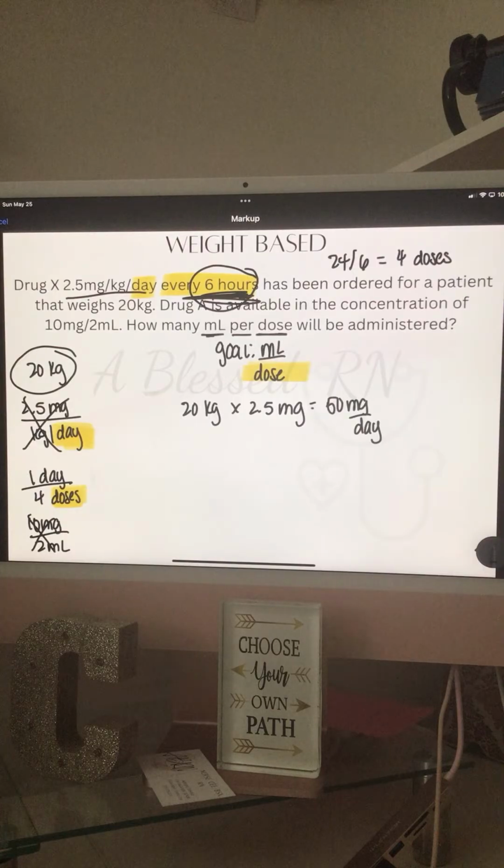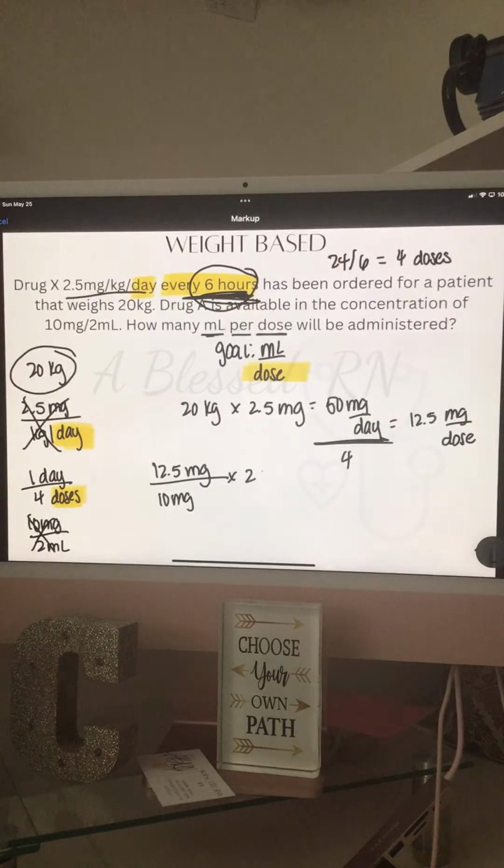You then will need to divide this by how many doses there are in the day, so divide that by 4, which is going to be 12.5 milligrams per dose. Then you can do your 12.5 mg over your 10 mg times your 2 ml. And you should get the same thing.